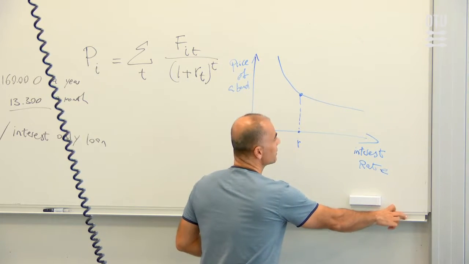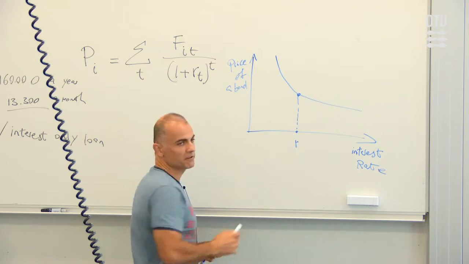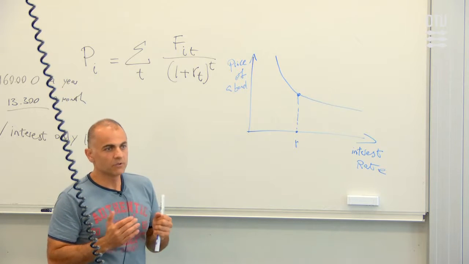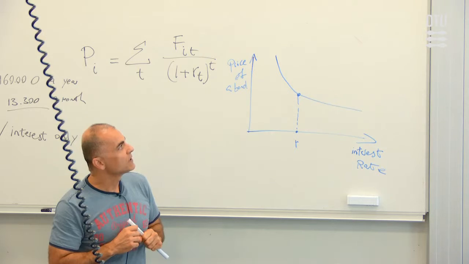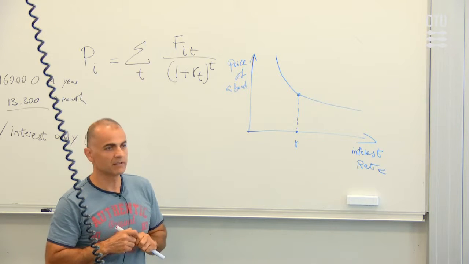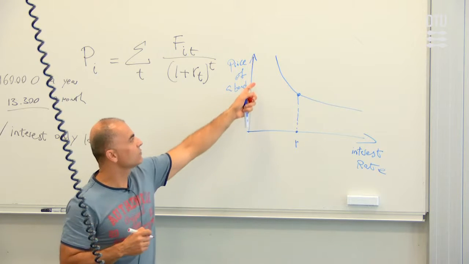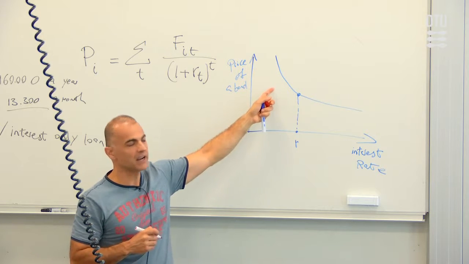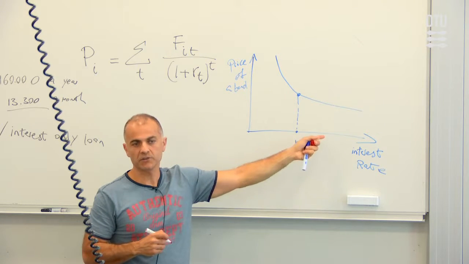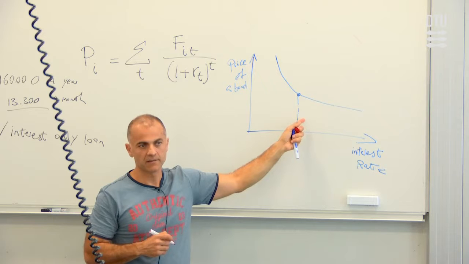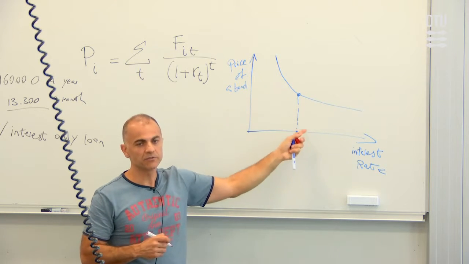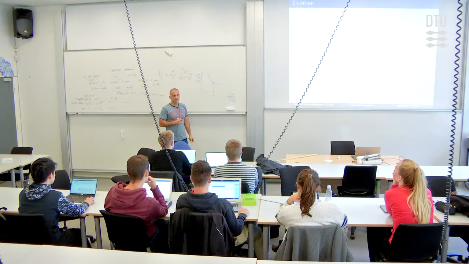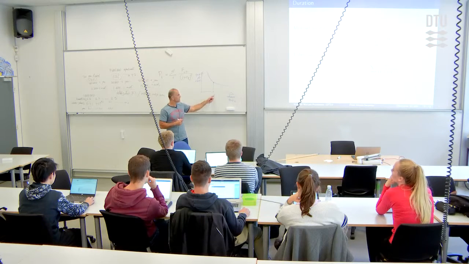In regard to that, if this is the level of interest rate today, and I want to depict the Fisher-Weil duration, what would that be? I'm differentiating this curve, which is the price curve, with regards to interest rate. So what would I get? What is the duration to this curve? And the level of interest rate today is R.